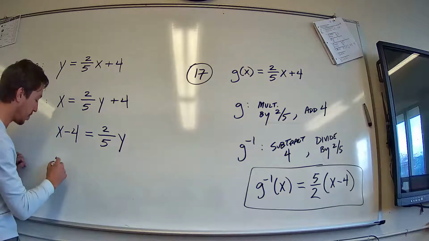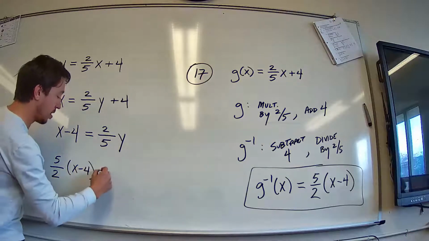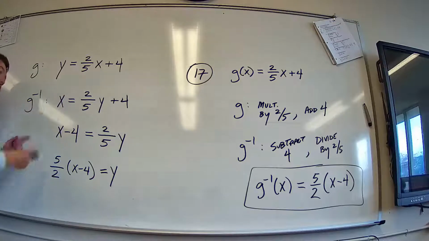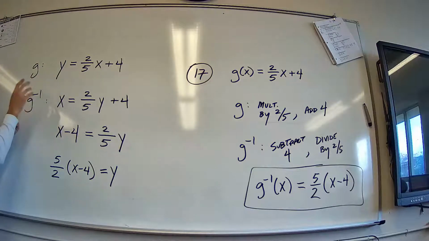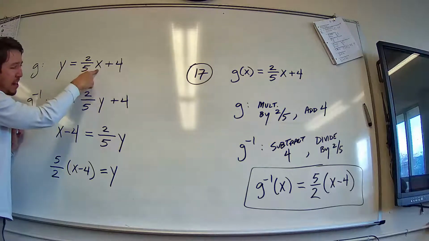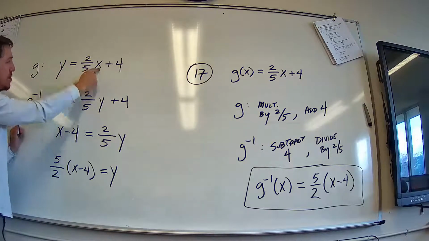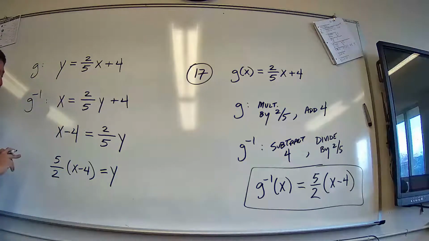So you see what I'm doing? The way I thought about this, if you want to get kind of technical, is I'm basically inserting a function in here and asking what function I can insert that would spit out x as the output. And that's exactly what this swapping does.